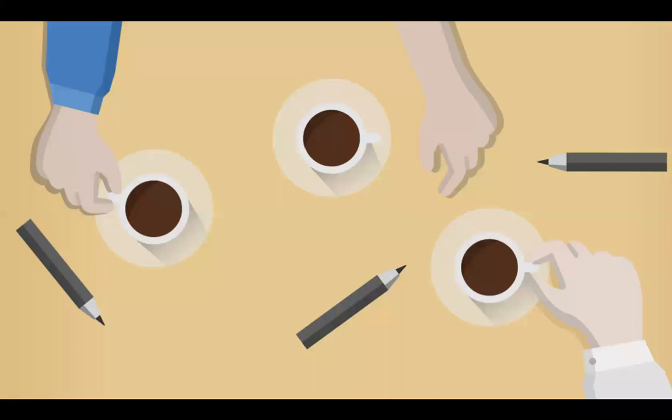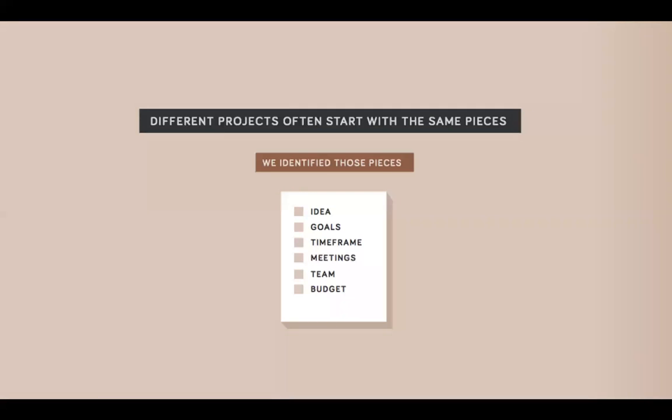Basically the same things we needed to talk about recurred. And projects often start with the same pieces. And what I've been doing throughout these 4 years I've been working with MethodKit has been to identify those pieces. And most of those have been through interviews or through research.